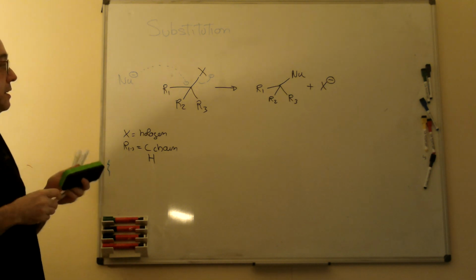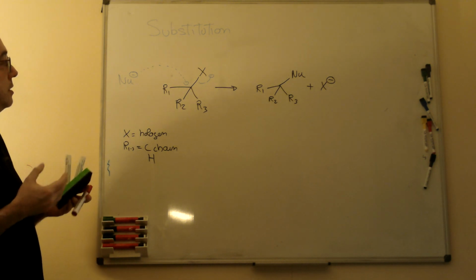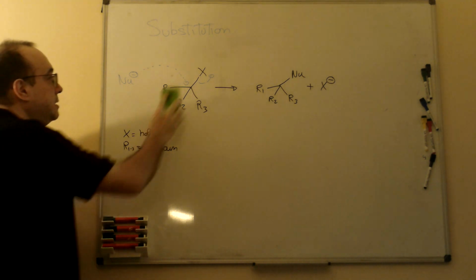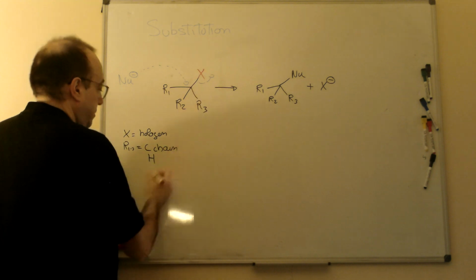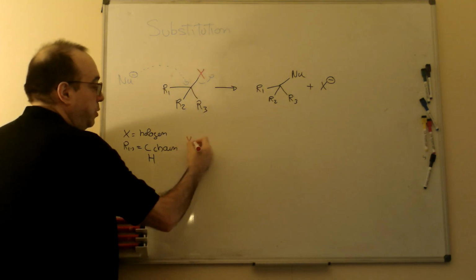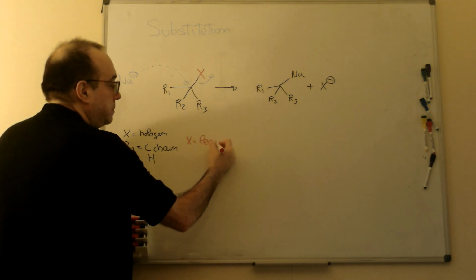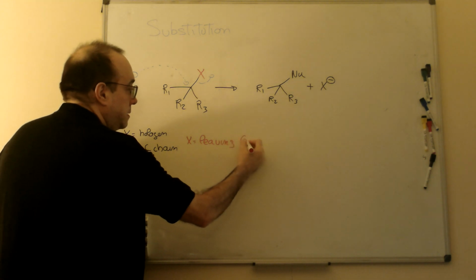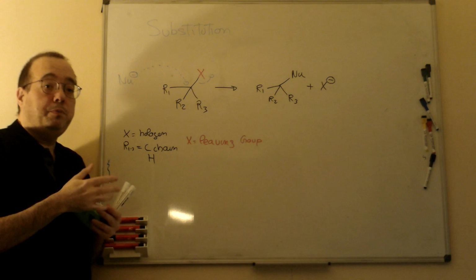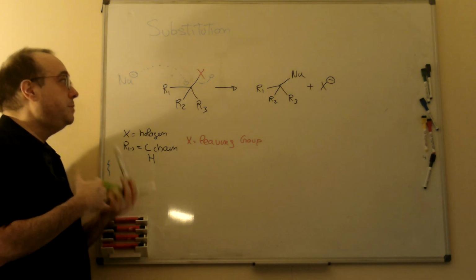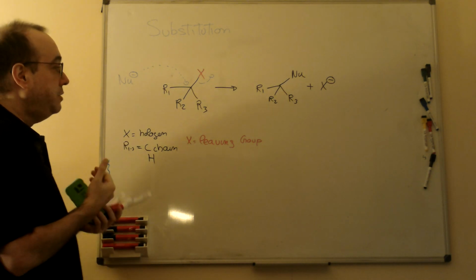First we will identify each part. That means X we will call the leaving group. Normally the leaving group is always an atom that is more electronegative than the carbon.